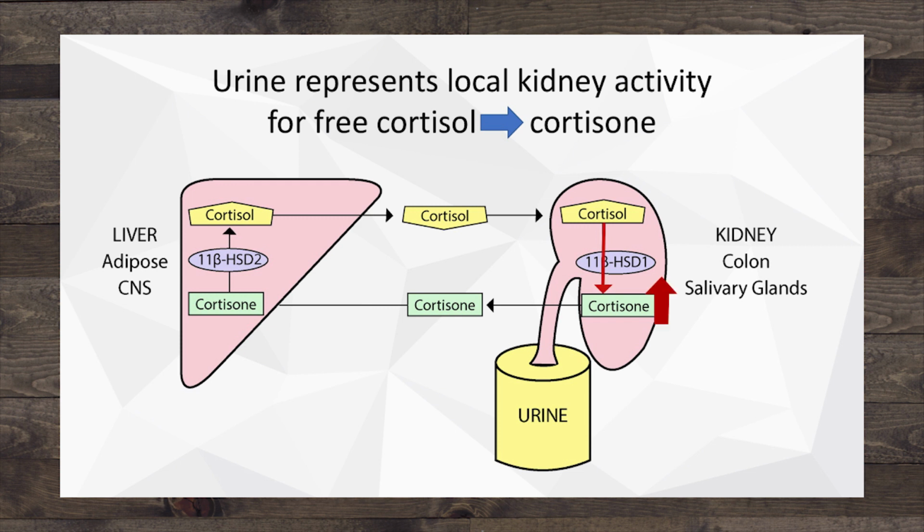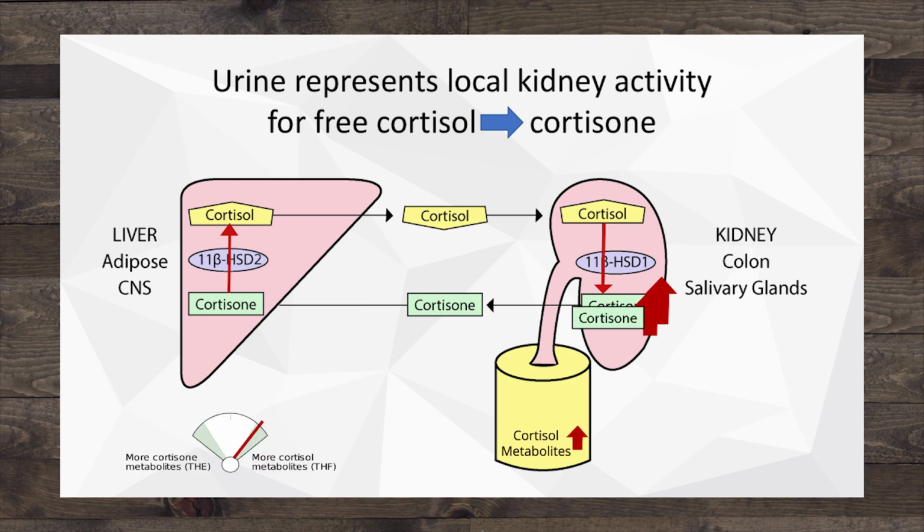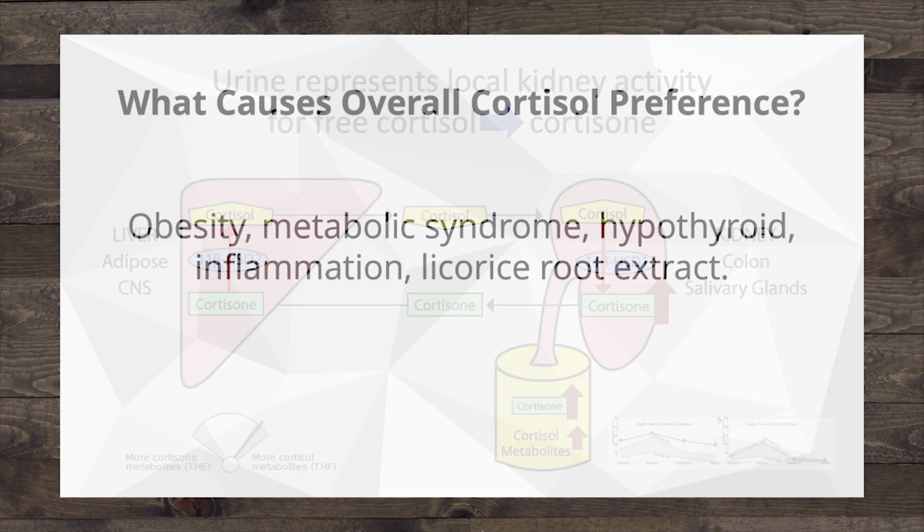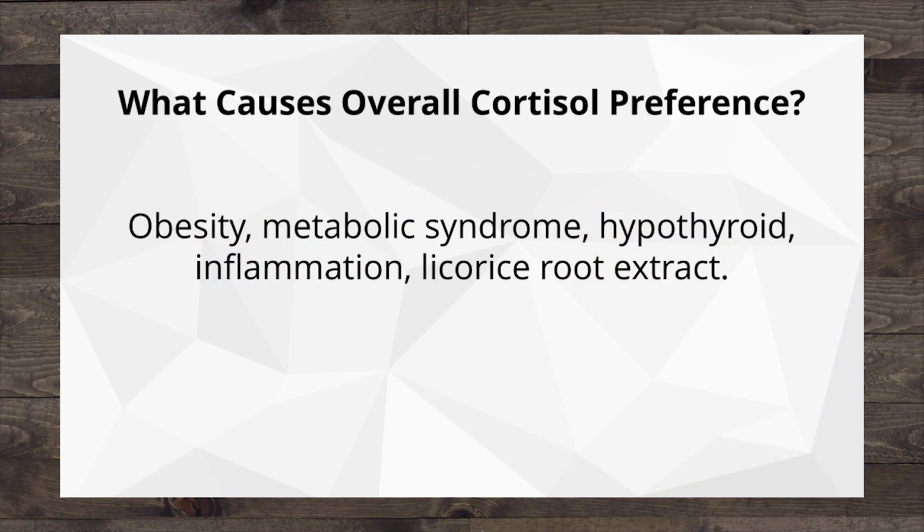Then it goes throughout the body, and the reactivation to cortisol must be even more active in that we see an overall systemic predominance, not of the cortisone, but of the cortisol. So we must have a very heavy reactivation to cortisol, which we see in situations like inflammation. If people are using things like licorice root extract, that actually blocks the deactivation and pushes overall towards cortisol.